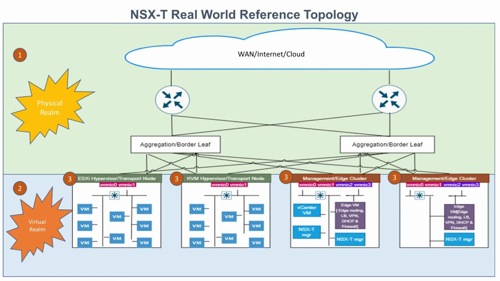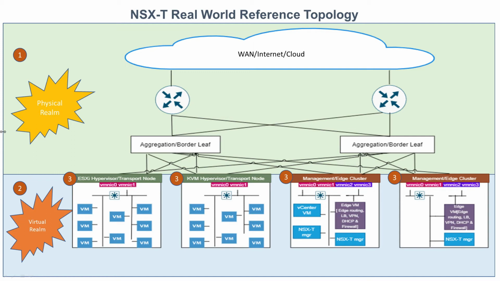The hypervisor could be an ESXi host, or it could be a variety of KVM flavors such as Red Hat, Ubuntu, SUSE, CentOS, etc. And if you look at these number threes, these are the server hosts with ESXi or KVM. The green ones are the workload clusters, and the maroon ones are the edge clusters.